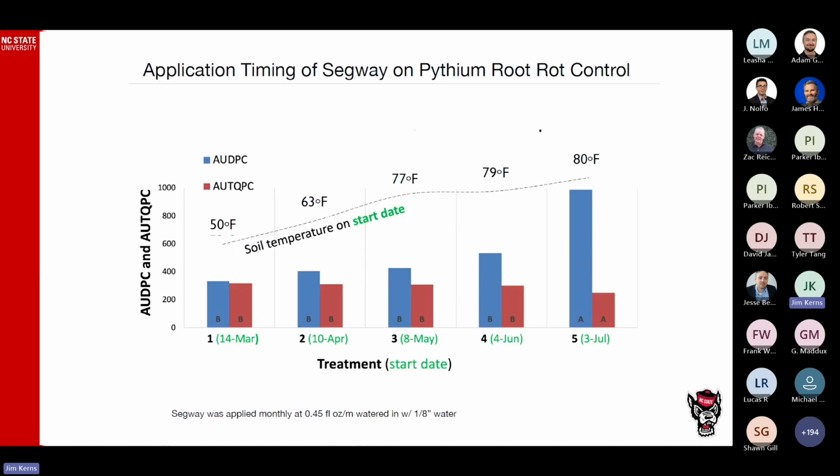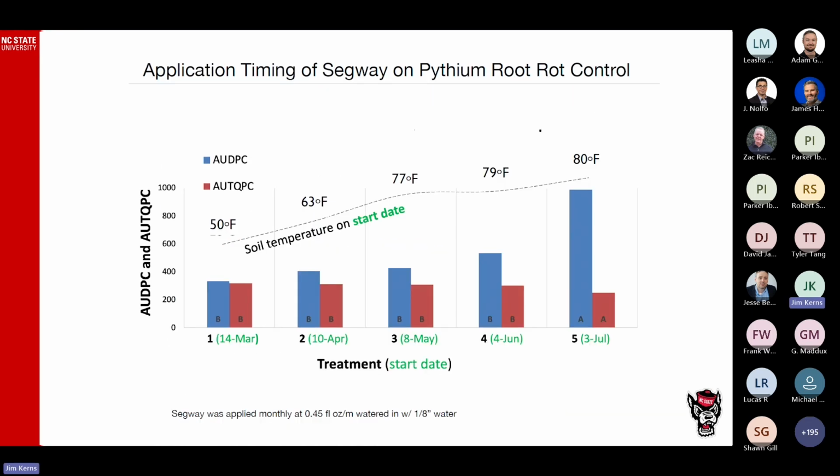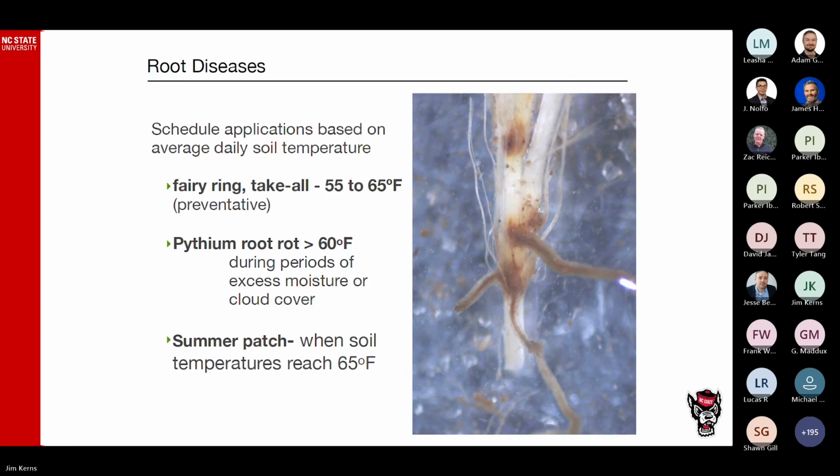So I'm going to do a couple of quick skips because I've already talked about it, but this is that start date, right, of why we're somewhere between 65 and 70 degrees for timing of Pythium root rot control. And as you think of, especially, I have this up for cool season, what products or product can give you all of these?